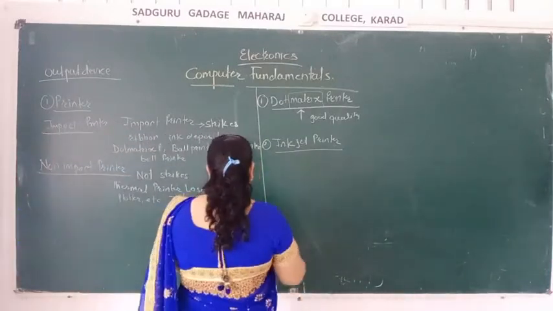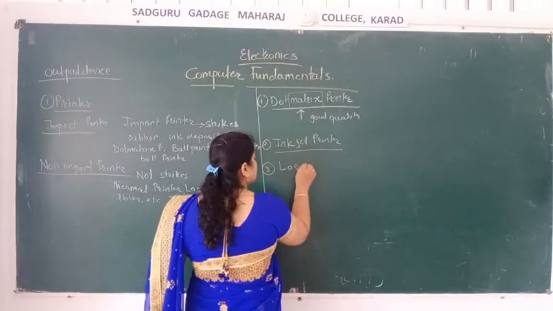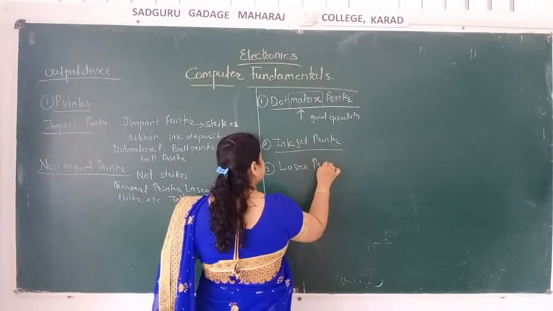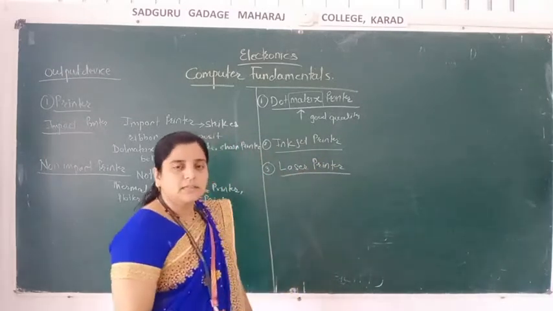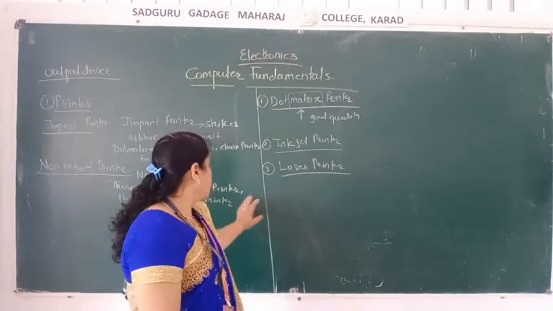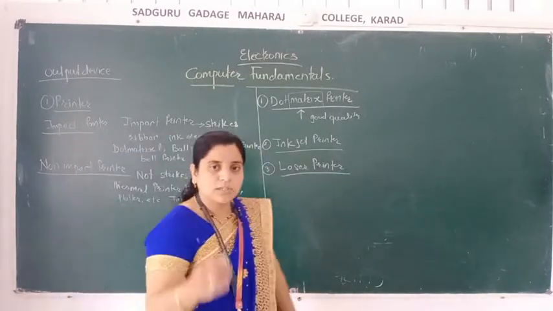Next, a very important printer is the laser printer, that everyone uses nowadays. It is a type of non-impact printer, so there is no strike on the paper.